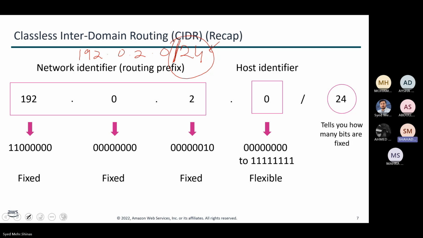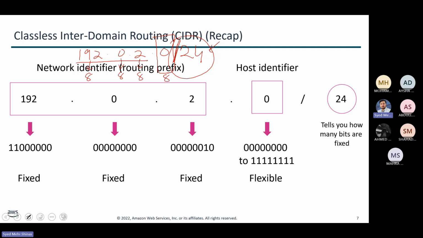The number of bits, yeah. The number of bits in the network portion, right? Slash 24 is the network portion: 8 bits plus 8 bits plus 8 bits. So these are the network bits, and this is your host portion.